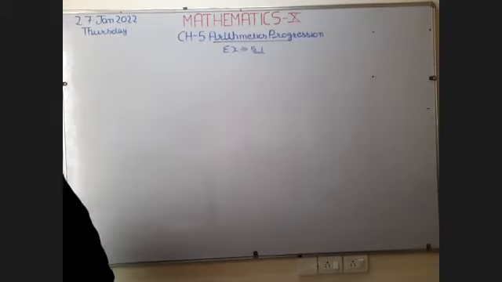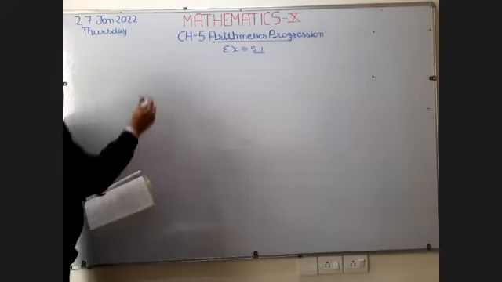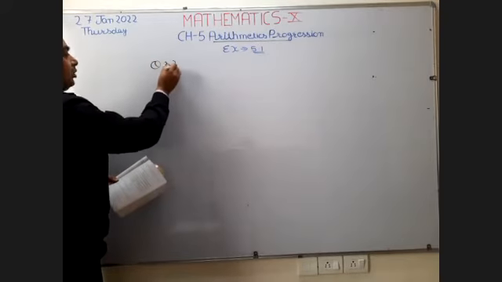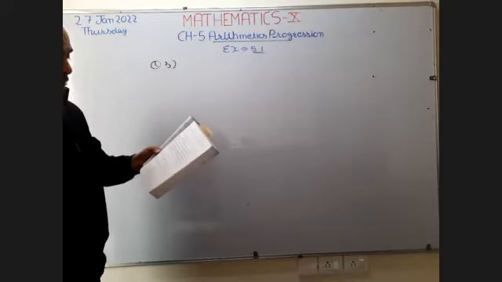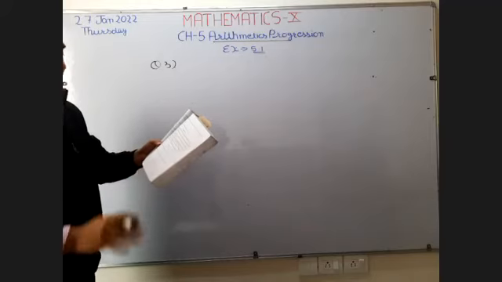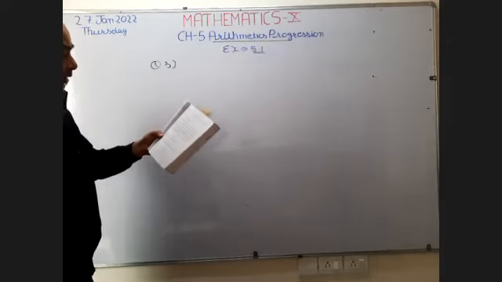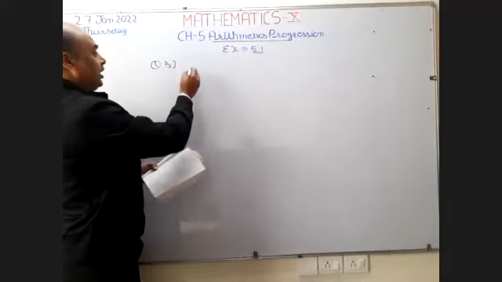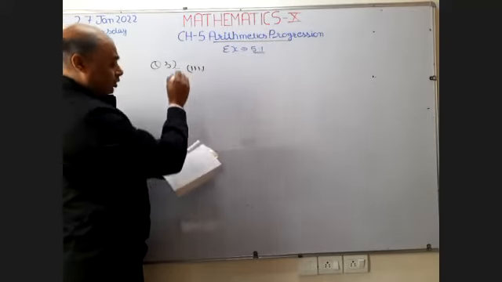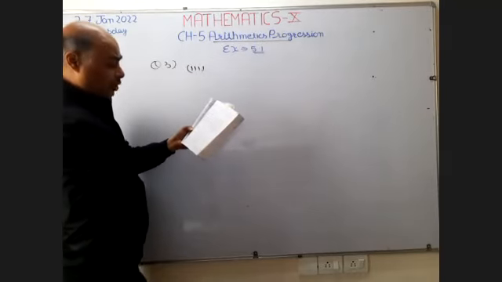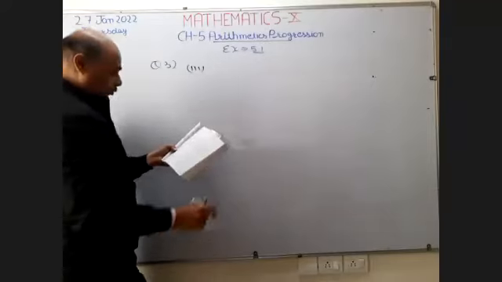In question number 3, for the following AP, it is already given that it is an AP, right? First term and the common difference. So it is very simple. I want to solve the third and fourth parts. This question has a total of 4 parts, so I want to solve the third and fourth part.